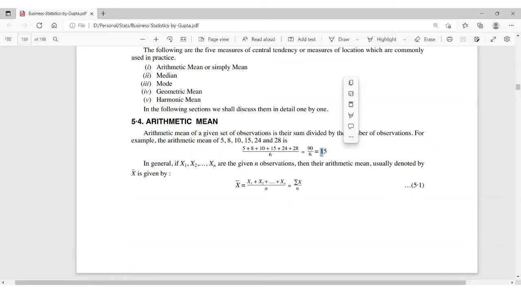The sum of these observations is 90. If we add these numbers, it comes to 90. If we replace all the numbers by 15, then obviously the sum is also the same. Clear?